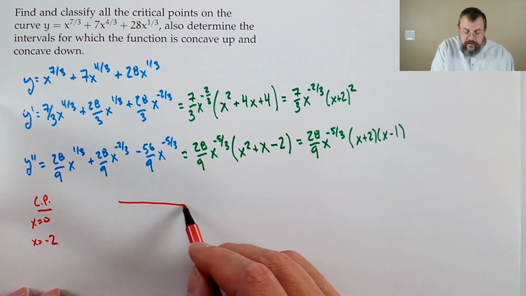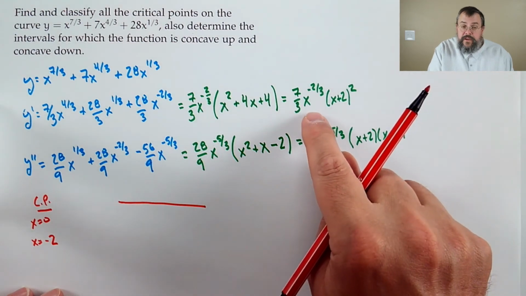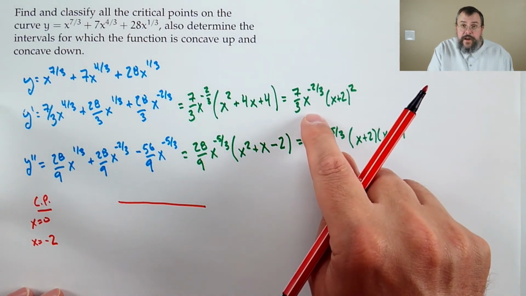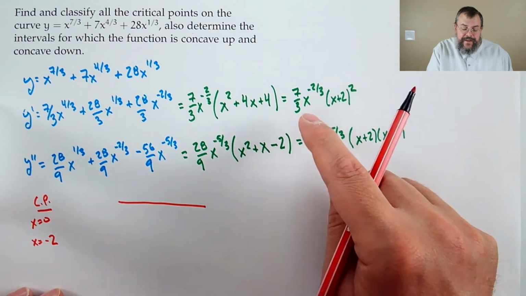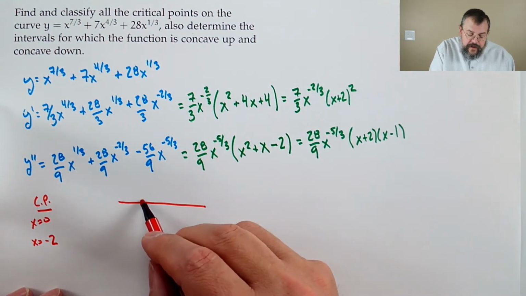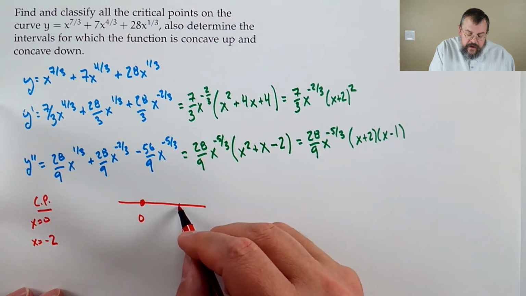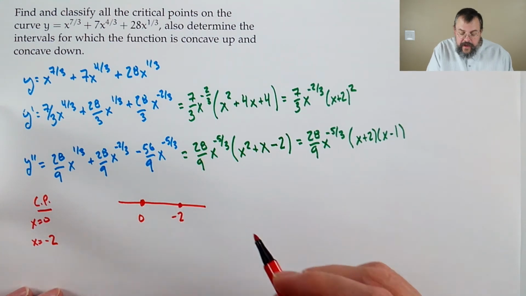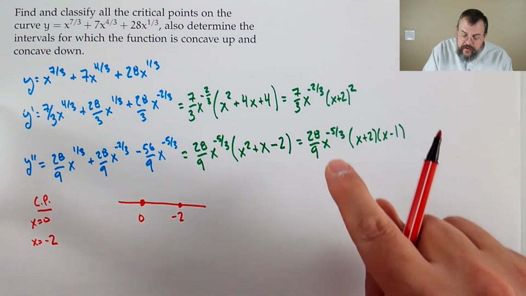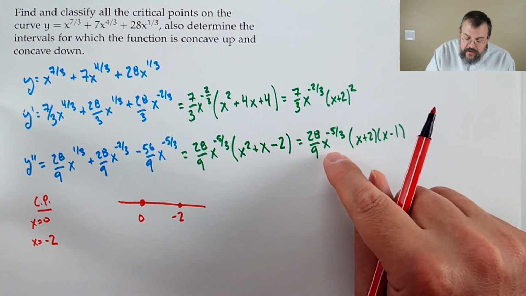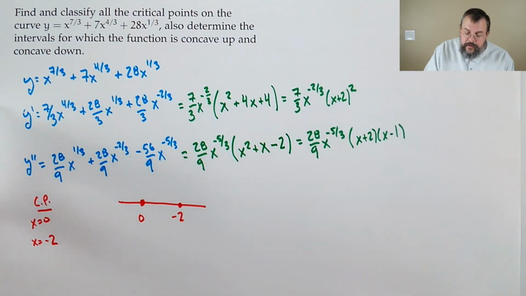Now to classify them, because we have a place where the derivative is undefined, we don't want to use the second derivative test. So we're going to do the first derivative test, at least for 0. Might as well do it for negative 2 as well. In fact, at 0 we have to, because look, it's undefined. Can't even use it.